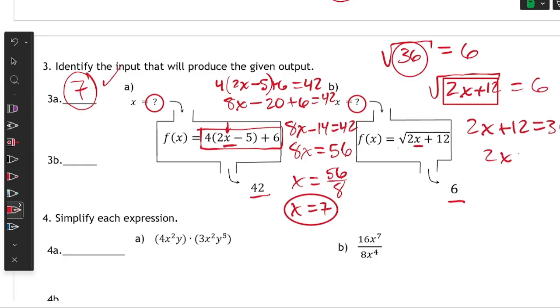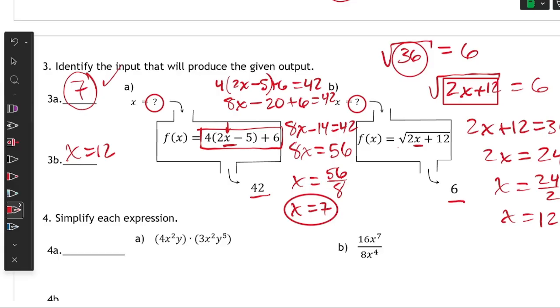Therefore, 2x has to equal, if I subtract 12 from both sides, 24. And then if I divide both sides by 2, I get x is 24 halves, which is the number 12. So I'll write x is 12 over here.